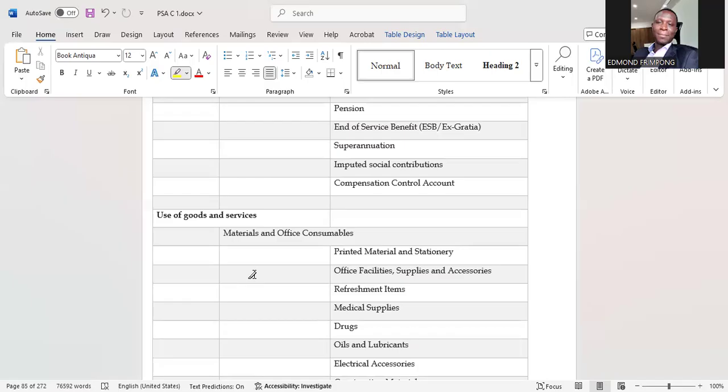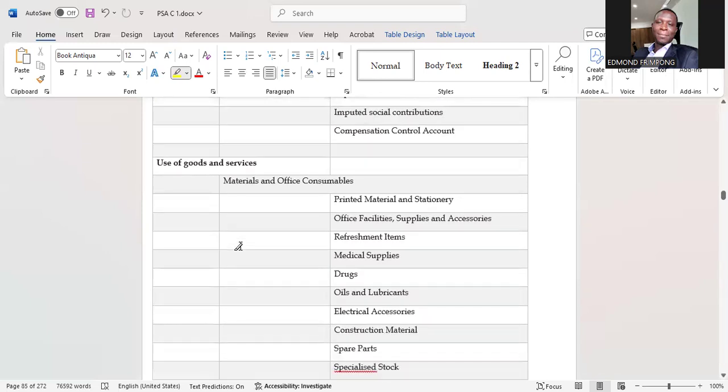All right. So use of goods and services is another main heading under expenditure classification. So compensation was one, and we are looking at use of goods and services.